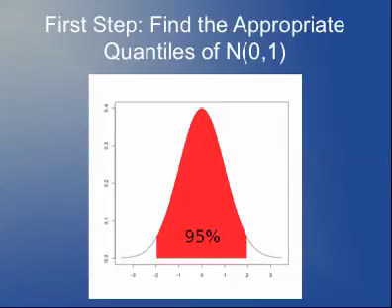The first thing that we have to do is find the approximate quantiles of the normal distribution with mean 0 and standard deviation 1. You can use R or just look it up. It turns out that the 2.5% quantile and the 97.5% quantile of the normal distribution with mean 0 and standard deviation 1 is almost exactly 1.96.